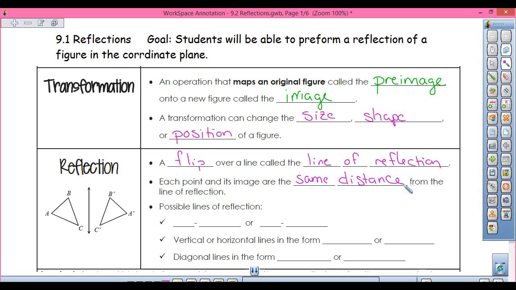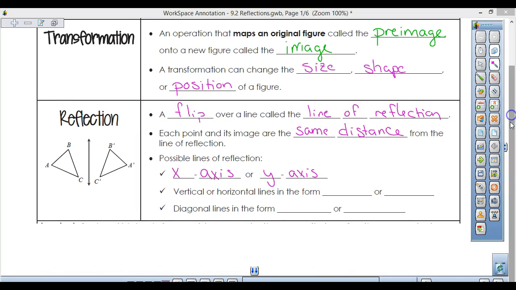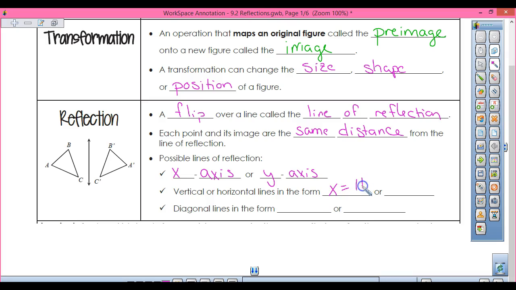Different lines that we're going to be using to reflect: the x-axis or the y-axis. Those ones are pretty popular. Also, vertical and horizontal lines. If you remember, vertical lines are x equals a number. Vertical goes which way?